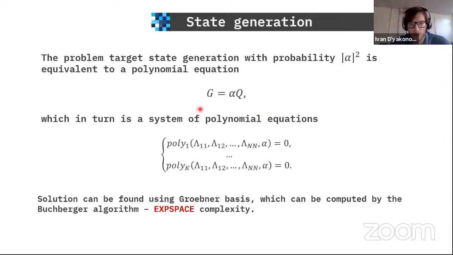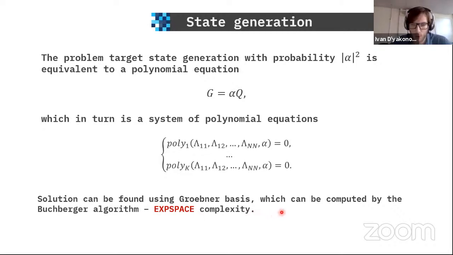So this problem can be further dissected into the system of polynomial equations on our matrix elements and on alpha, which in principle might have a solution, which can be found using the well-known Grobner basis technique. But the problem is that computing the Grobner basis is a very complex computational problem, which lies in the EXPSPACE complexity.